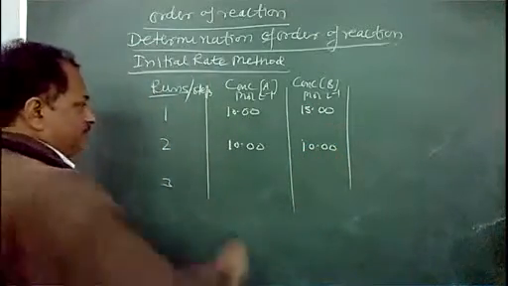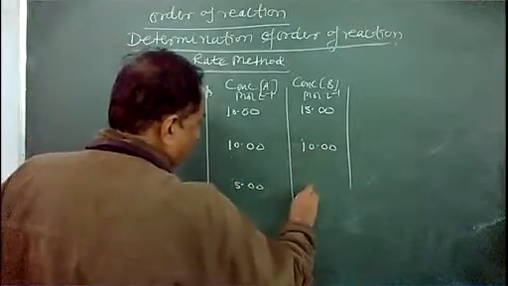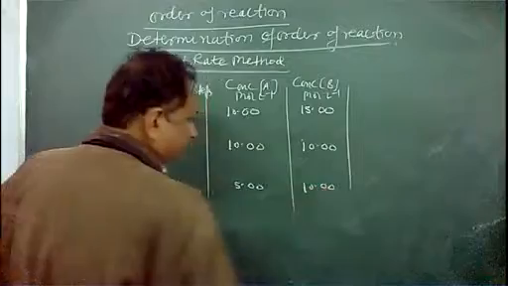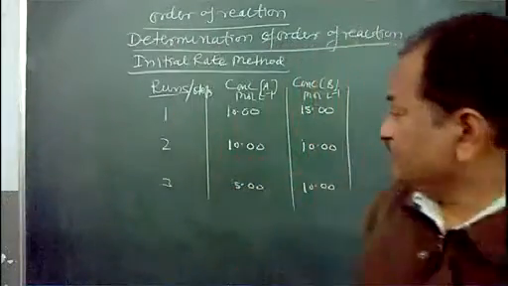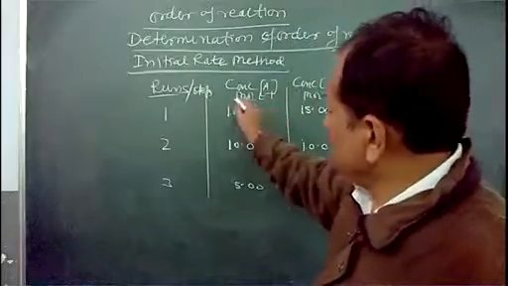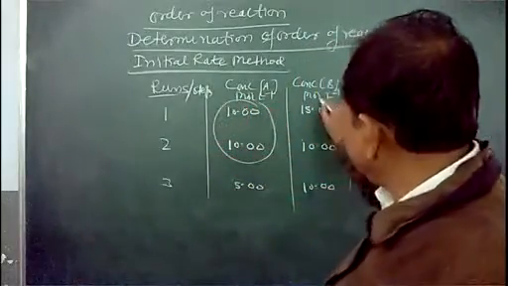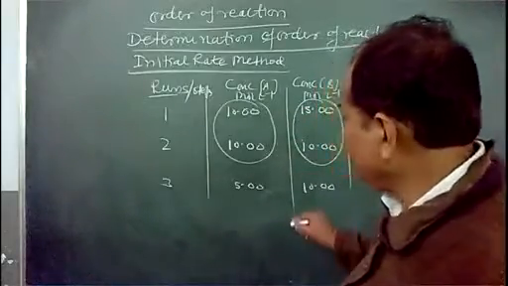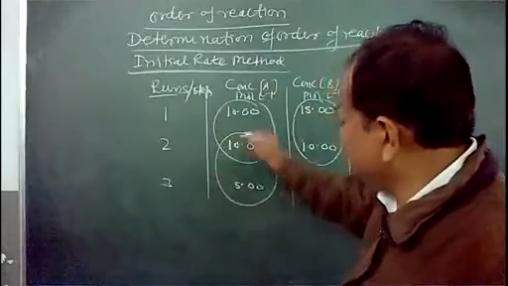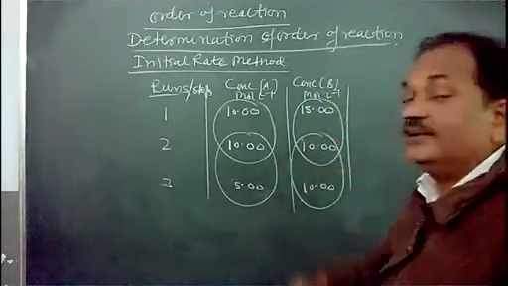In the second step, this has decreased to 5.00, and A is 10.00. Now children, see, very important part. Here there is no change in concentration. And here the 15 has decreased to 10. Here the 10 has decreased to 5. Here the 10 remains 10.